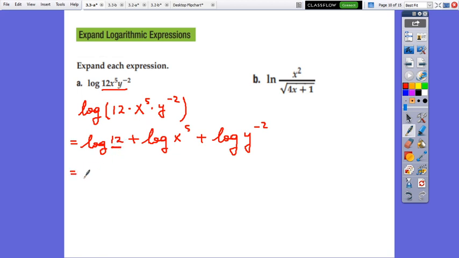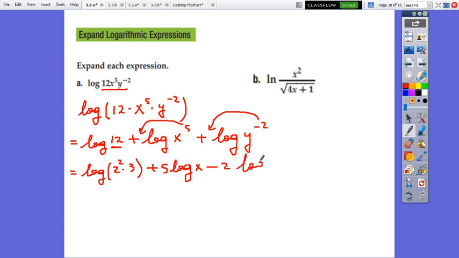We can expand it more. 12 we can rewrite as 2 squared times 3, plus, since the exponent goes outside the log, 5 log x, and the exponent goes outside the log, minus 2 log y. We distribute again, so again we use the product property.